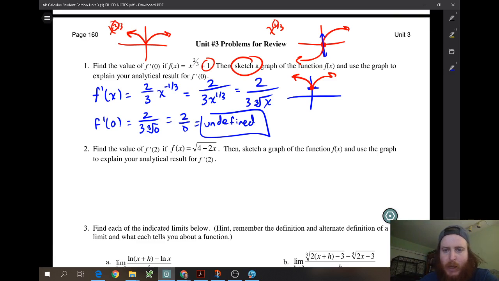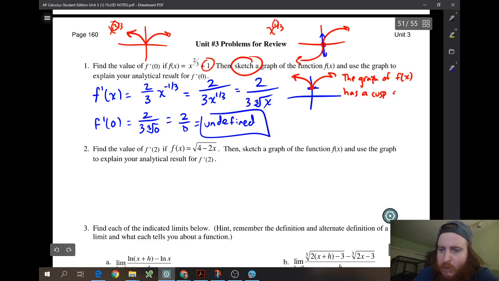So anyways, use this to explain why we got undefined. This goes back to that differentiability rule. It was a cusp. So we can say, using the graph to explain our result, the graph of f of x has a cusp at x equals 0.